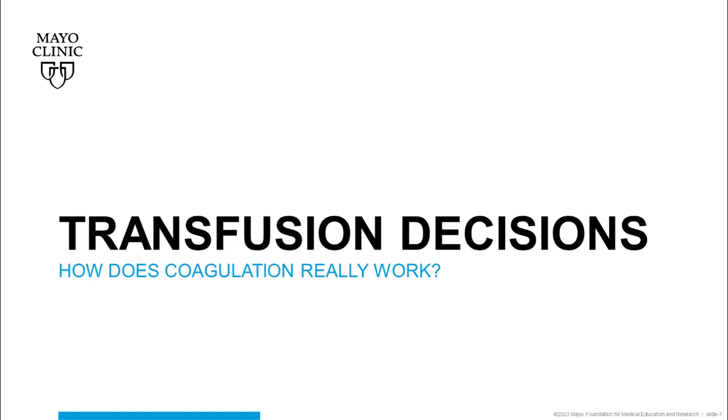So that's the background. Once I understood that, I can see a rationale for why they are bleeding and develop a plan for hemostasis.